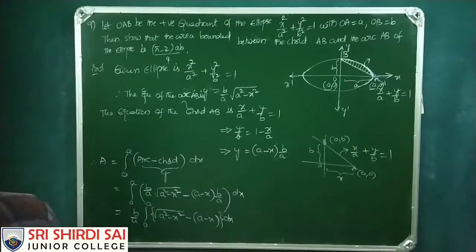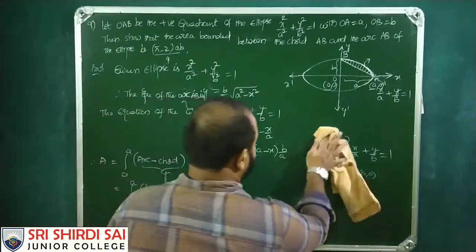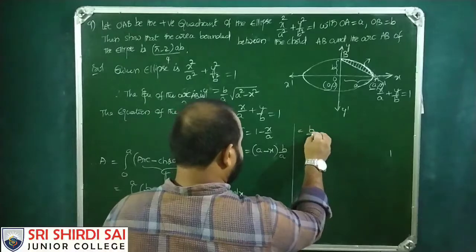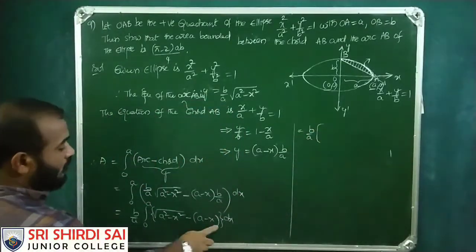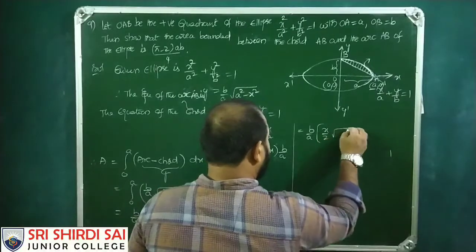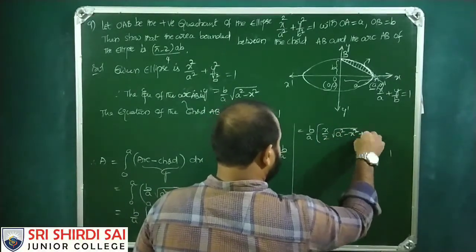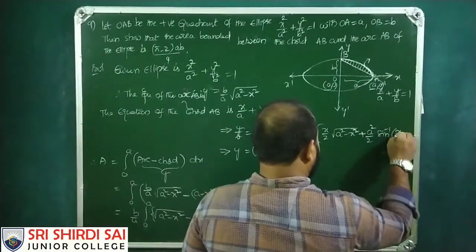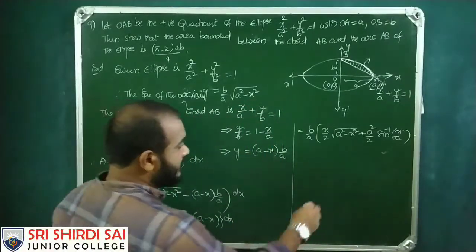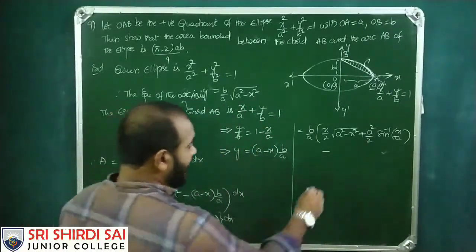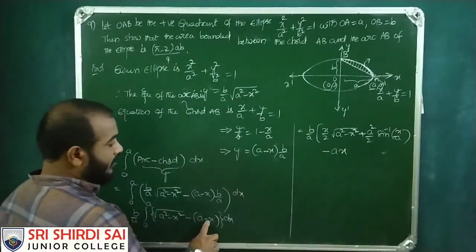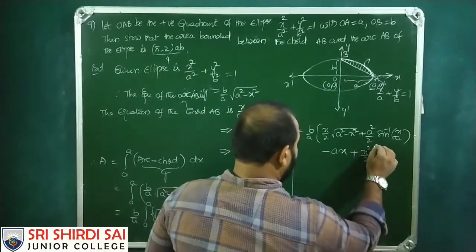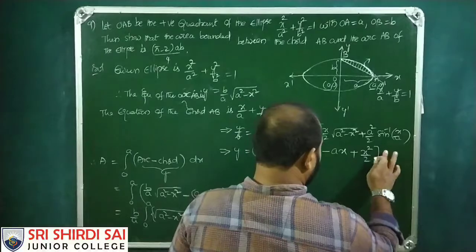This is equal to b by a into [x by 2 root of a square minus x square plus a square by 2 sine inverse x by a, minus integral a dx which is ax, minus into minus plus integral x dx which is x square by 2]. Since the process is over, 0 to a is to be written here.